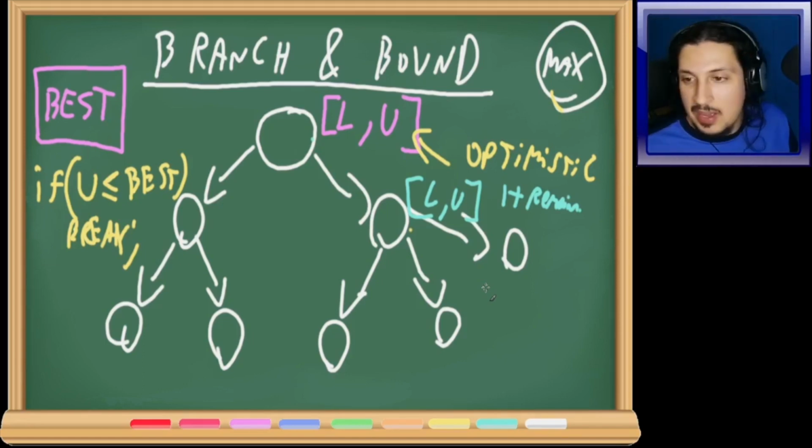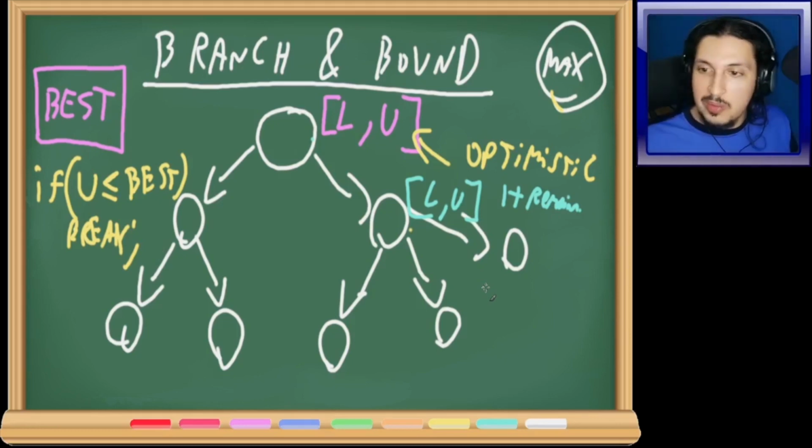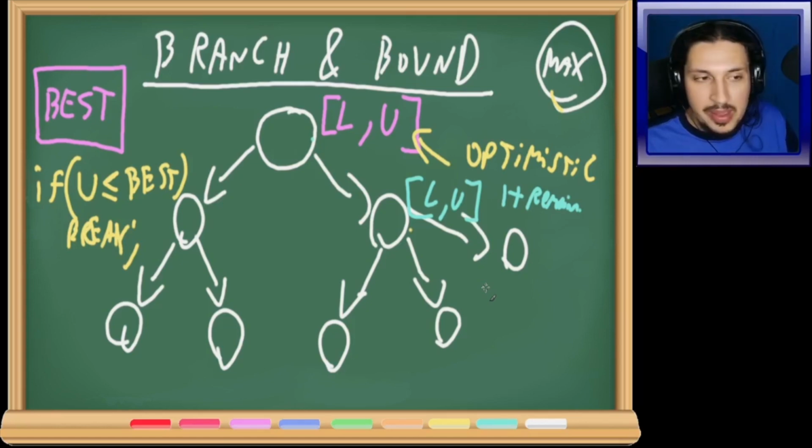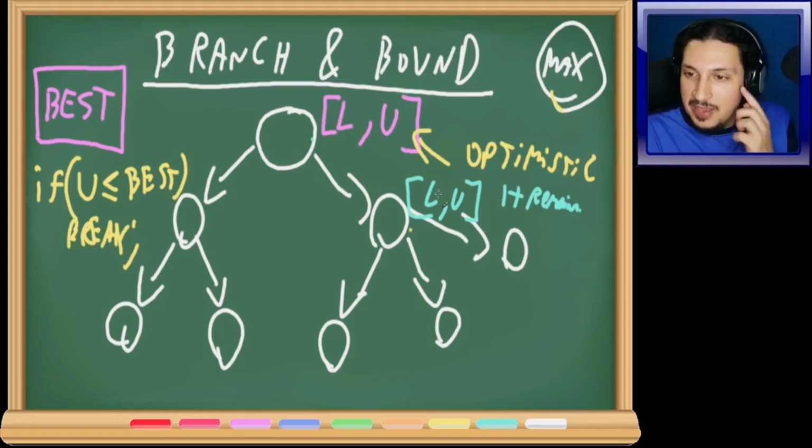And maybe when you check what you have already put in place, even adding all of the vertices, which is optimistic, that might still not beat the best. And that's the idea. That will help you prune more. But you cannot do this pruning if you don't have this optimistic number.